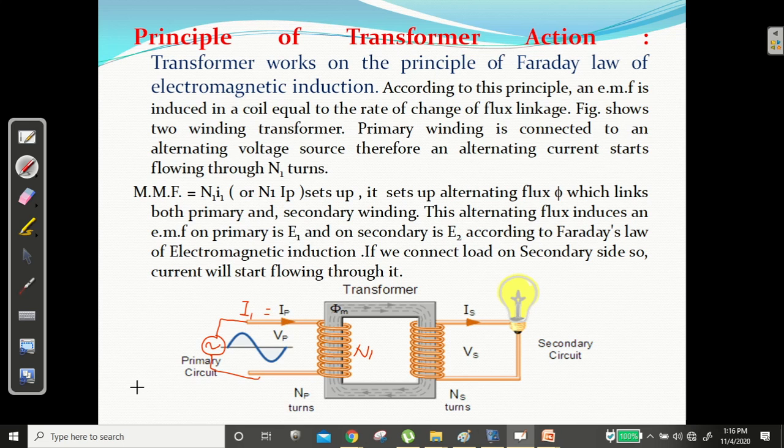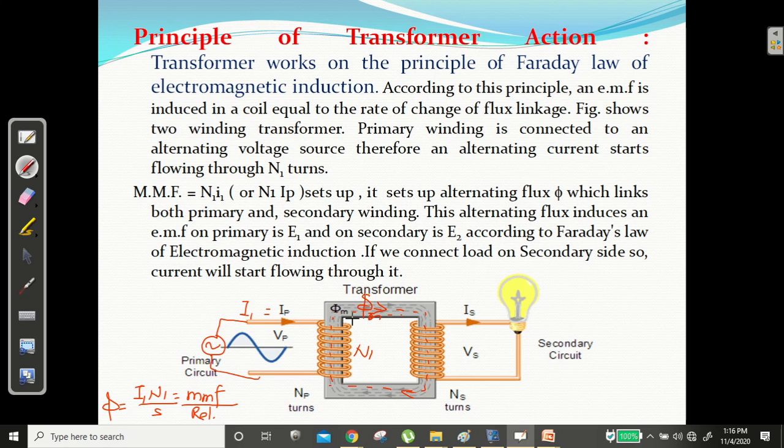So I1 into N1, it is the MMF. MMF upon reluctance S equals flux will be produced, and that flux produced on the primary side links both primary and secondary, phi m.